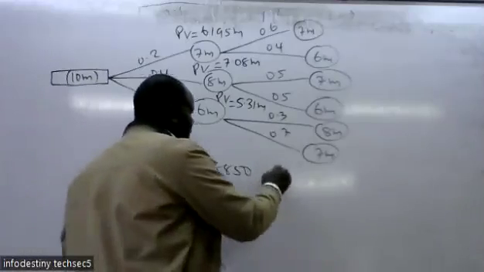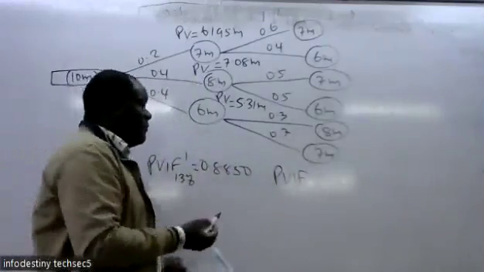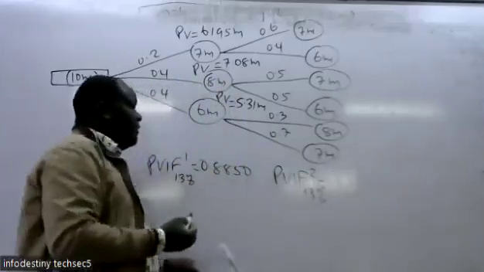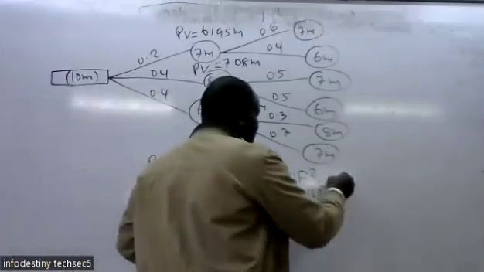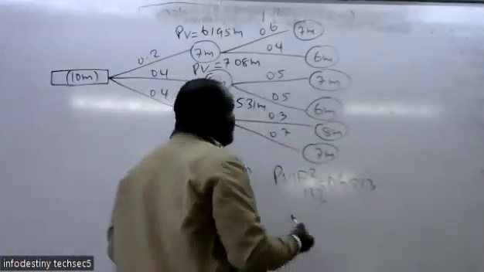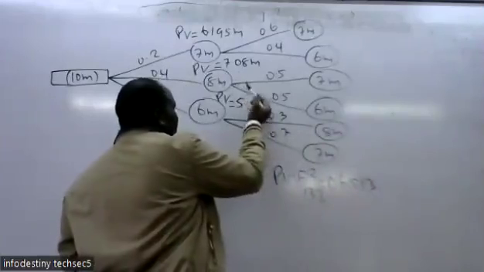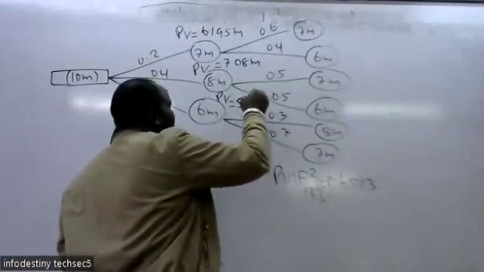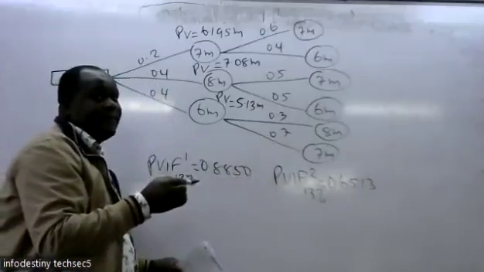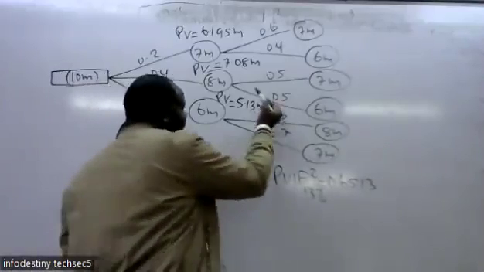So we also check for year 2. This time we are using the first table, because the cash flow is just for 1 period there. So 13% in year 2. Is it 5.13 or 5.31? 5.31.